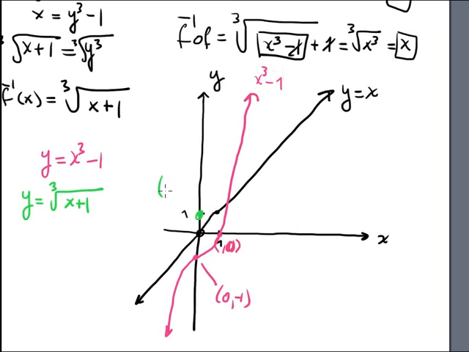This point is (0, 1). And this point would be (negative 1, 0), because it would be here. Yeah, I know that this is a typical horizontal shift, but to the left. Now the color looks like that. Approximately, this is the cubic root of x.